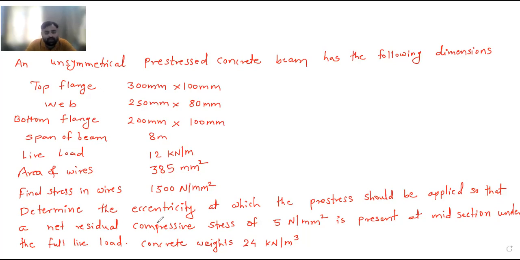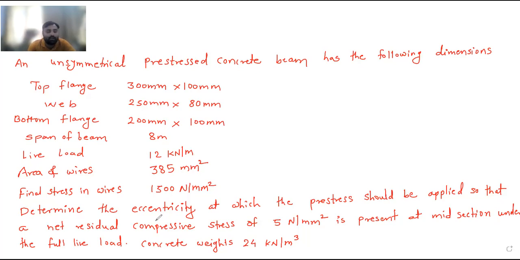And now determine the eccentricity at which the prestress should be applied. So this prestressing force, where it needs to be applied, that eccentricity they told us to calculate. But the condition is a net residual compressive stress of 5 Newton per mm square at the midspan section under the full live load.